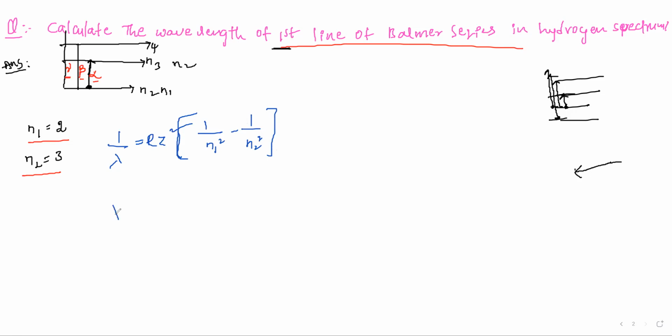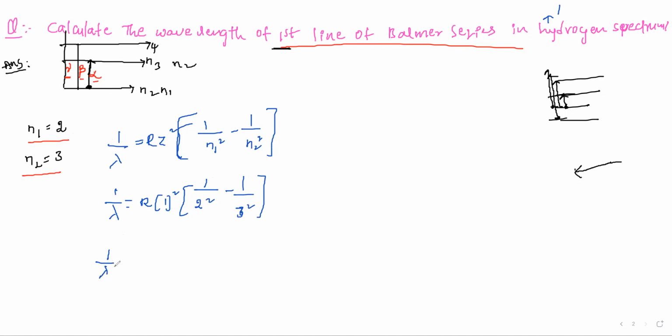So 1 by lambda equal to R into 1 square. Why? Because this is the hydrogen spectrum, and the hydrogen atomic number is 1. That's why R into 1 square. And the N1 value is 2, so 1 by 2 square minus 1 by 3 square. Calculate it.